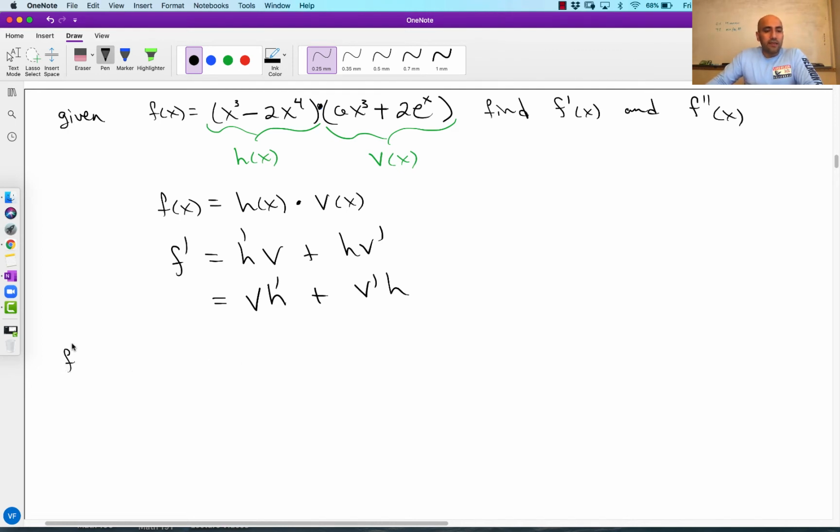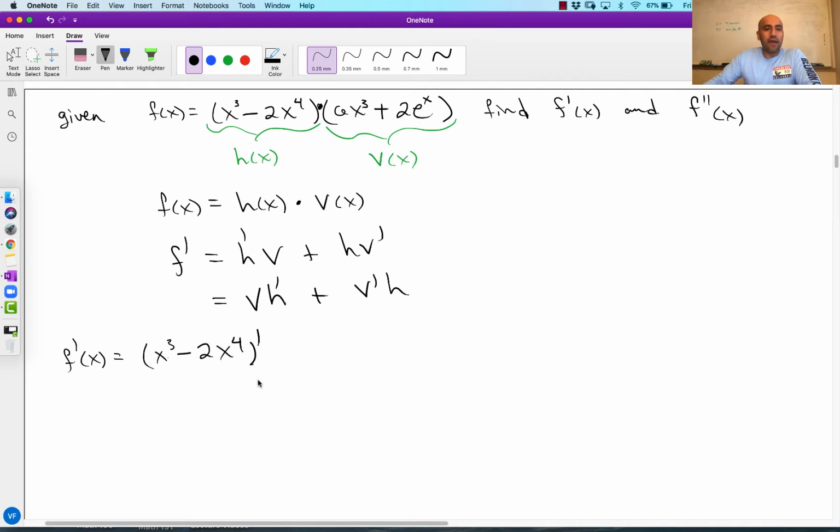So that means that the first derivative of f is equal to the derivative with respect to x of, oh, you know what? Again, just in the spirit of doing different notation styles, I'm going to do it a little bit different. I'm just going to copy them both. So I'll do x cubed minus 2x to the fourth.